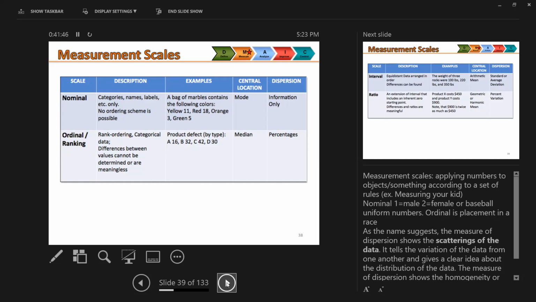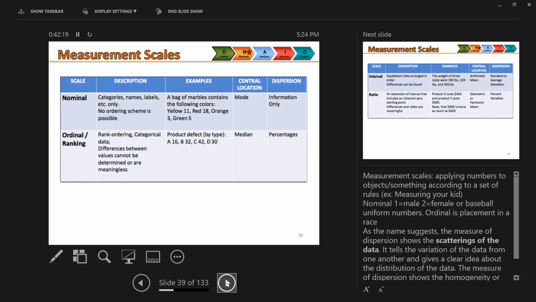Measurement scales are applying numbers to objects or something according to a set of rules, like measuring your kid's height, for example. Nominal would be how many boys in the class versus girls in the class. For boys, we'll give them a 1, for girls a 2, and that's all. So it doesn't really mean anything. Baseball uniform numbers are another example of a nominal measurement scale. And ordinal is kind of like placement in a race.